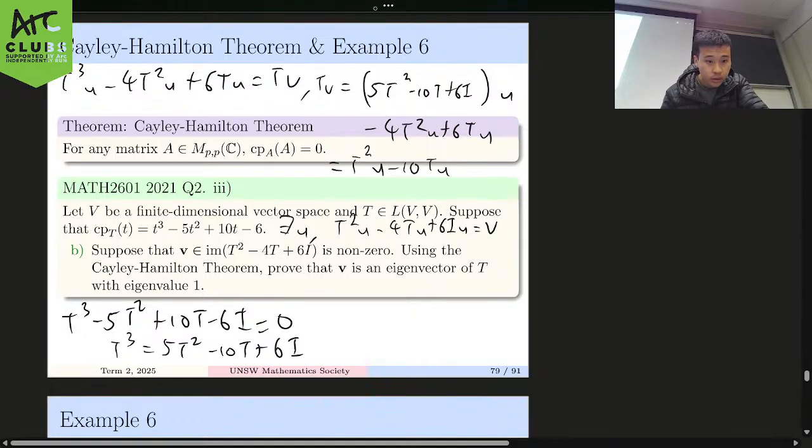Okay, because I'm really close to this. That's basically what we're trying to prove. How does it not go away? Let's just write it out. The 6I u is just 6u anyway.